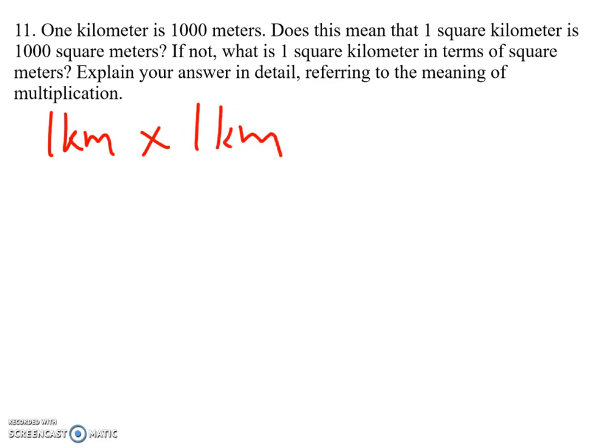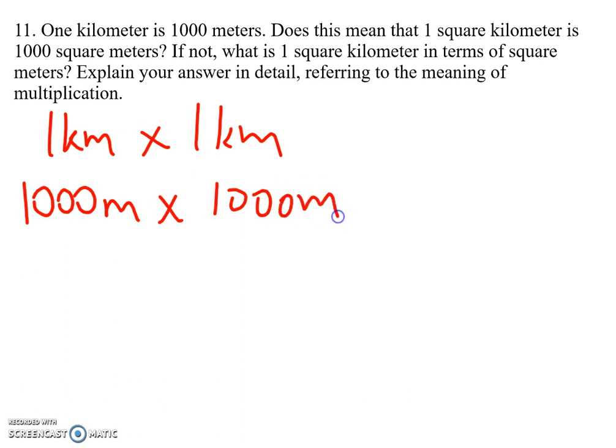And then when I convert that, I know that this is 1,000 meters times 1,000 meters, because I'm just doing a substitution. And then that ends up being 1 million square meters.